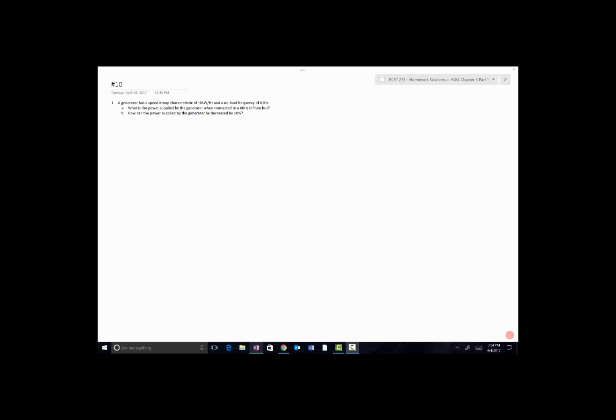So the givens here are that the droop characteristic of the generator is 1 megawatt per hertz. The initial gen set point is 61.0 hertz.